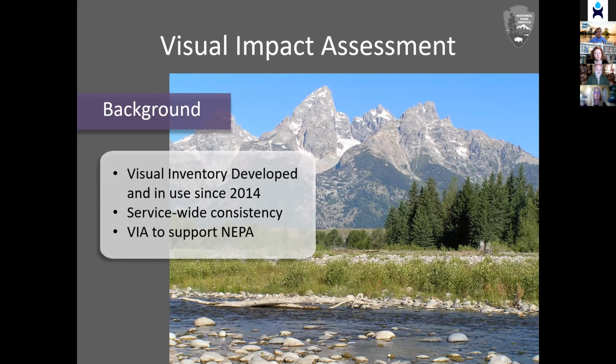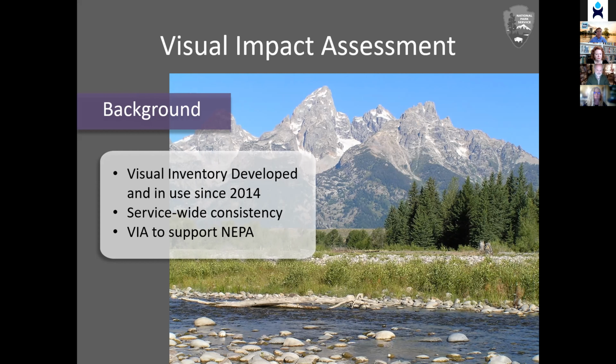By way of background, we developed our inventory process basically in 2014, and it's had a couple of little tweaks over the years, but it's been pretty consistent. With that process we've tried to provide a method for parks to do an inventory consistently.